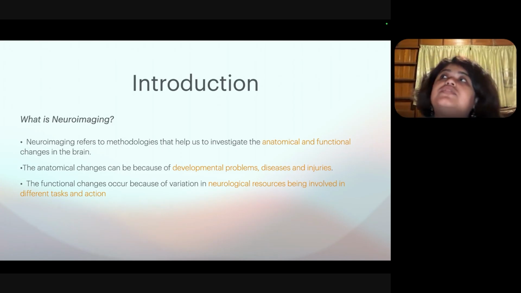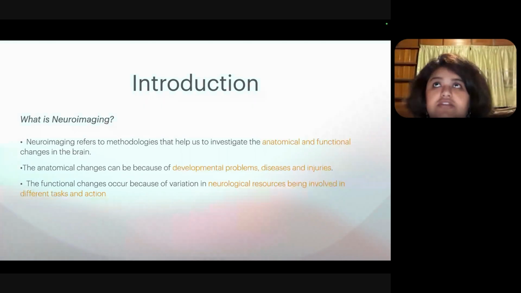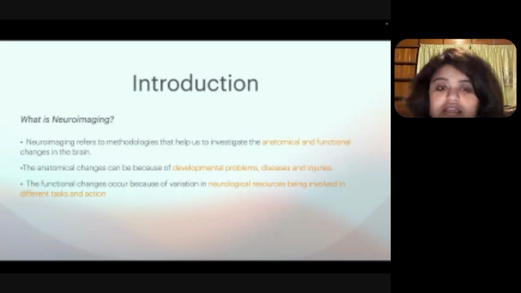Because of these developmental changes, the functional changes also occur in the brain. So our brain now can function differently from when we were children. Okay, so these are the reasons why anatomical and functional changes in the brain are important, and neuroimaging can actually help you study and visualize those changes in the brain.